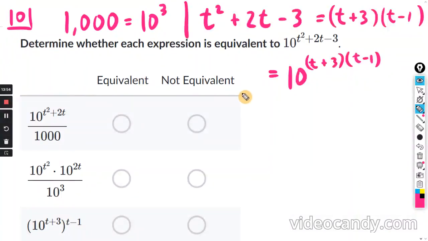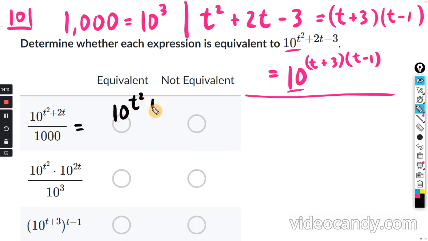Anyhow, we're going to match either this one here or this one here. Let's look at the first one. We have 10 to the power of t squared plus 2t. And if we convert the 1,000, the equivalent is 10 to the third.